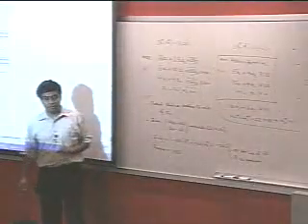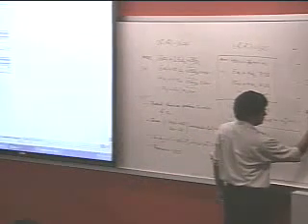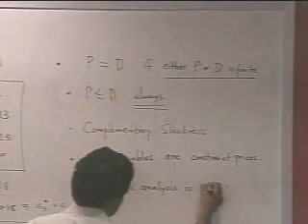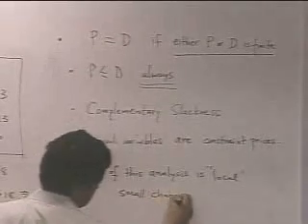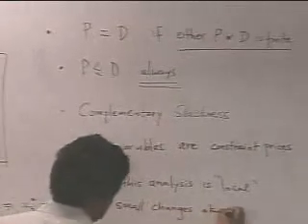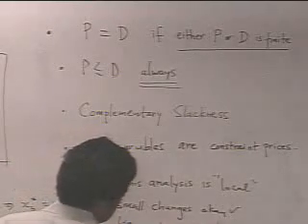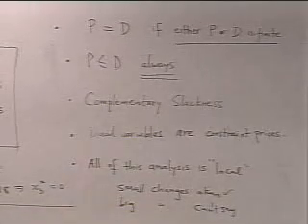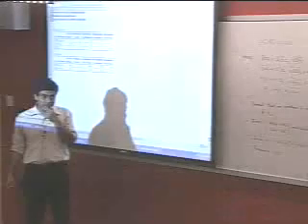Dual variables tell you that. And all of this analysis is local. Meaning small changes are okay. Big changes, can't say. You cannot say anything about it. The optimum solution could move anywhere. But if it's small, the dual variables tell you what happens.